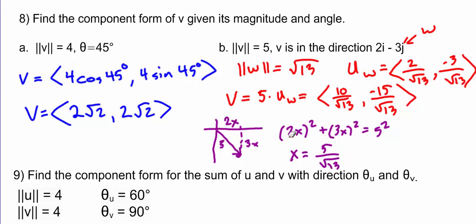Okay, so there it is. 5 over the square root of 13 is our x, but remember we have to go back in, and when I say x, that's like the number that we'd multiply by. So when I plug it back in, I'm going to be moving right 2 times this value. So 2 times that value would be 10 over square root of 13. And as I move down, I'd be multiplying by 3, and it's in the negative direction, so that would be negative 15 over the square root of 13.